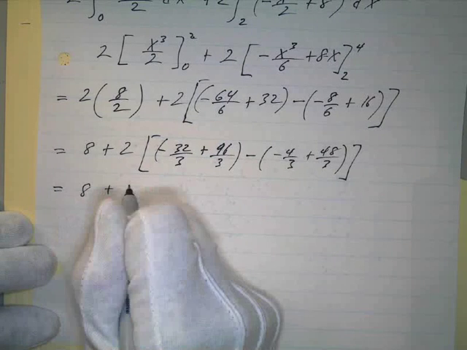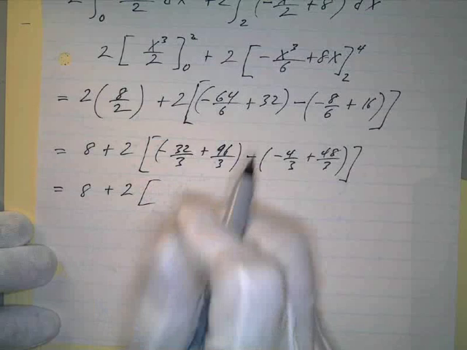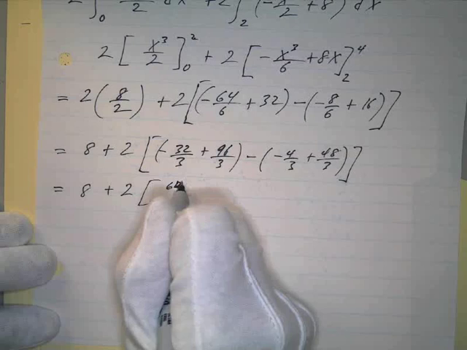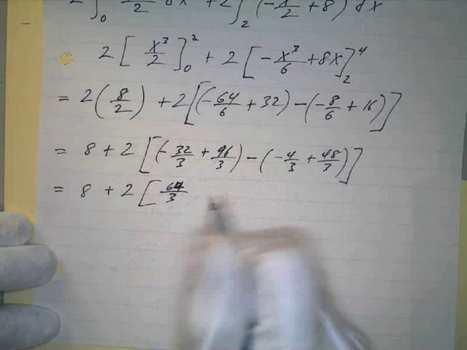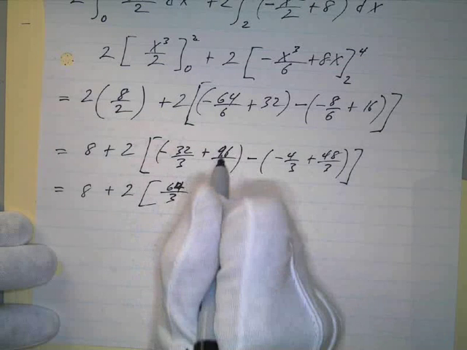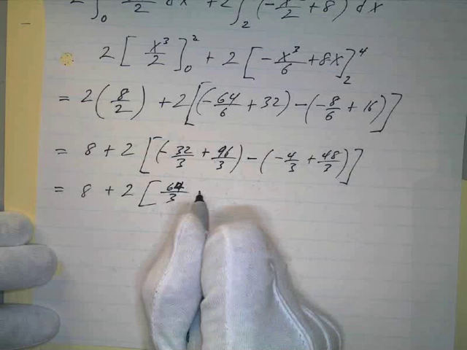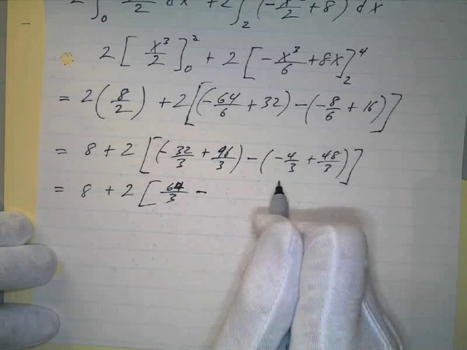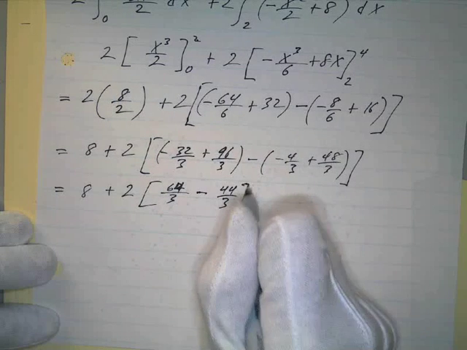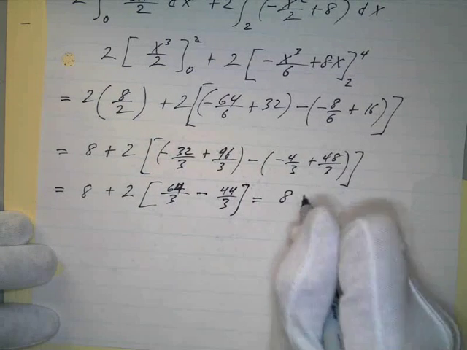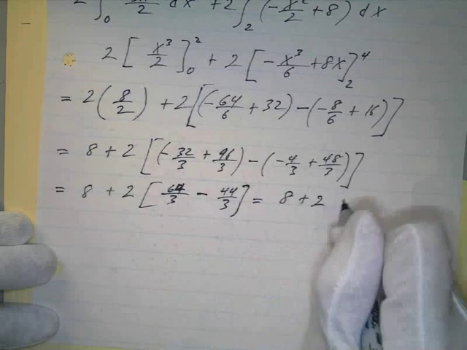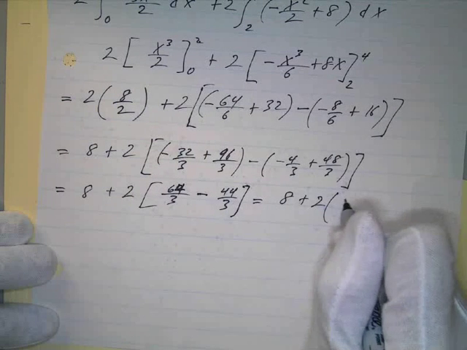Okay, plus 2 times, and I can combine that, that's going to be 64 over 3. All right, 96 minus 32 is 64 over 3. Minus, and this is going to end up being 48 minus 4 is 44 over 3. And ends up being 8 plus 2 times, and this is going to be 64 minus 44 is 20 over 3.